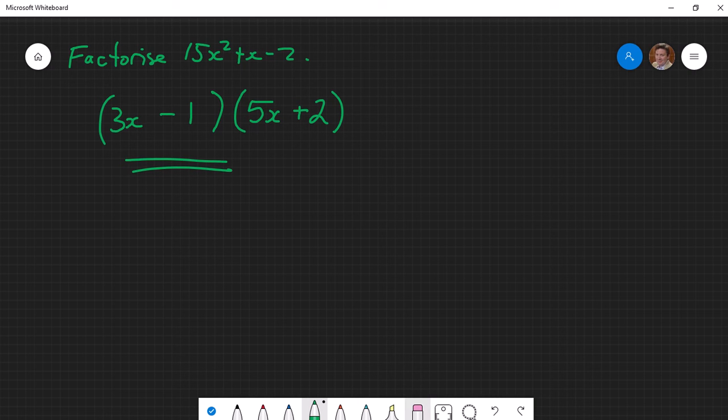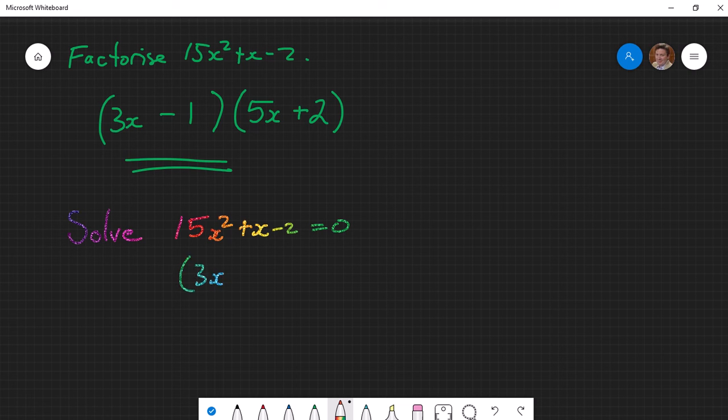Now a whole question may not just end there, it may want solutions, and then this would be a method to get those solutions. So we could have, say, a question slightly different. Solve 15x squared plus x minus 2 equals 0. I'll get my answers from the calculator.